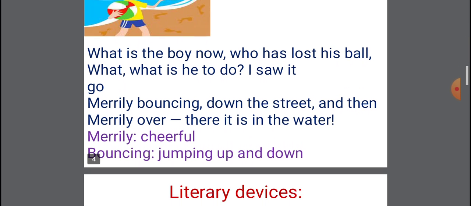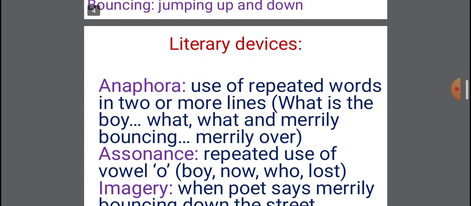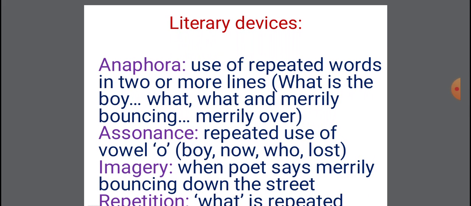Now see the literary devices used here in this stanza. The first literary device used by the poet here is anaphora. Anaphora is the use of repeated words in two or more lines. Here, what is the boy? What, and merrily bouncing, merrily over.